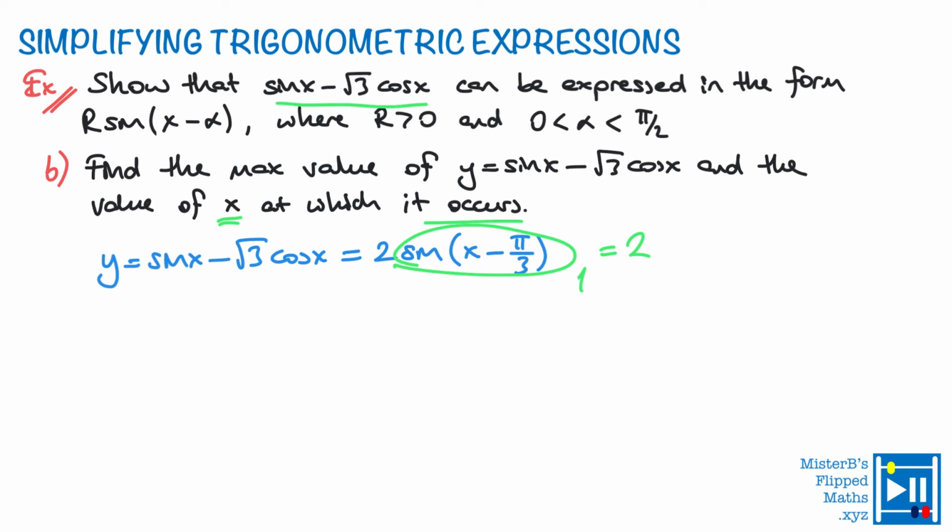There may be harder expressions for a function given in the question. You should always reduce that expression to the form r sine x minus alpha or r cosine x minus alpha. All right, this is crucial.